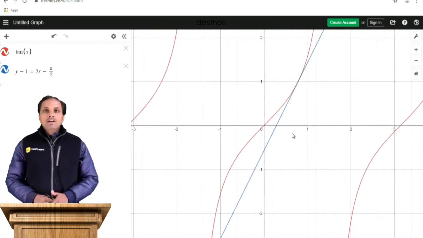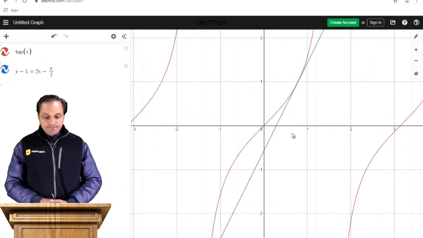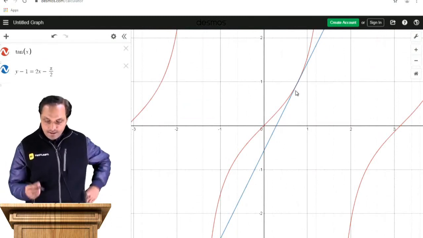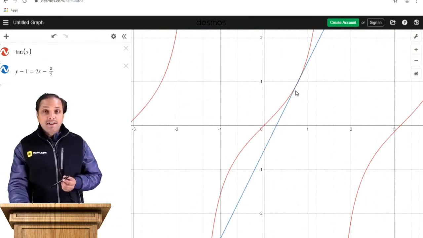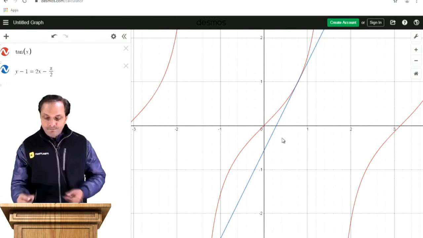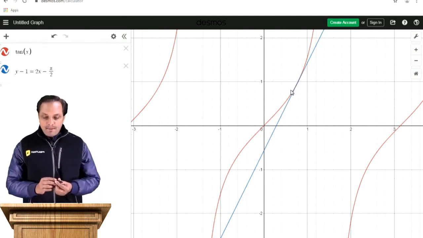Yes, so this is your boundary. You need to find the area between this red curve and this line, and this is the point x is equal to pi by 4.